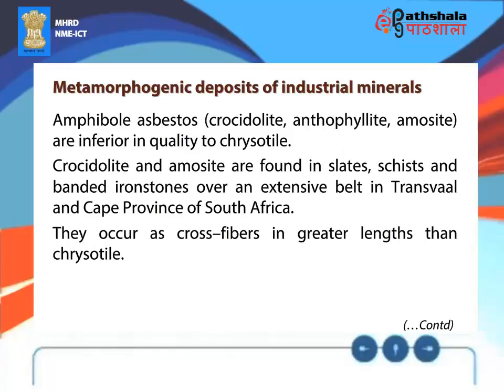Amphibole asbestos, crocidolite, anthophyllite and amosite, are inferior in quality to chrysotile. Crocidolite and amosite are found in slates, schists and banded ironstones over an extensive belt in Transvaal and Cape Province of South Africa. They occur as cross fibers in greater lengths than chrysotile.